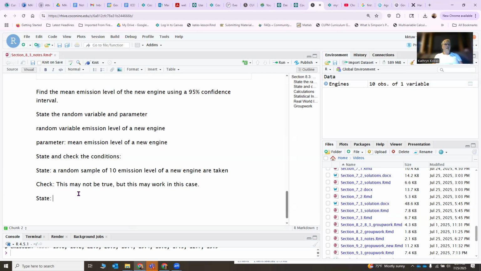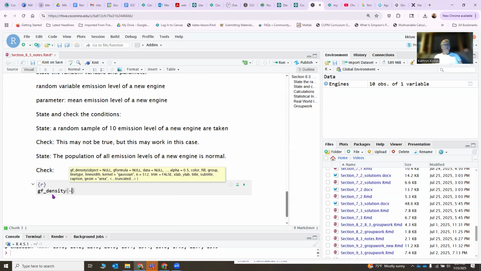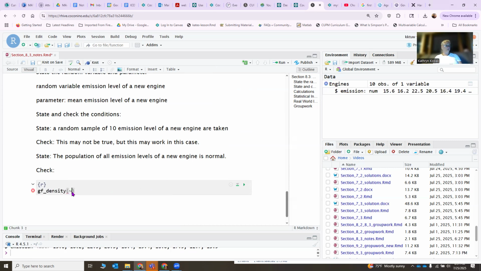We need to state that the population of all emission levels of the new engine is normal. So let's go check that. Remember, for this check, you're going to go ahead and do a normal quantile plot and a density plot. We'll do a gf_density. Our explanatory variable is, I believe, emission, but let's just make sure. Emission.